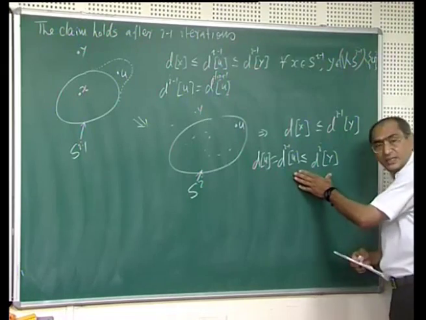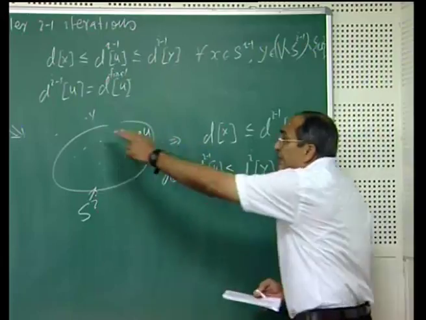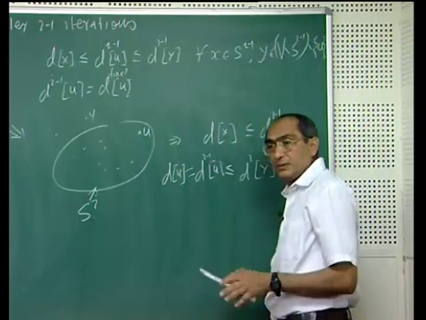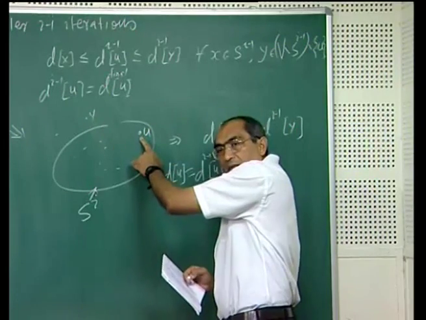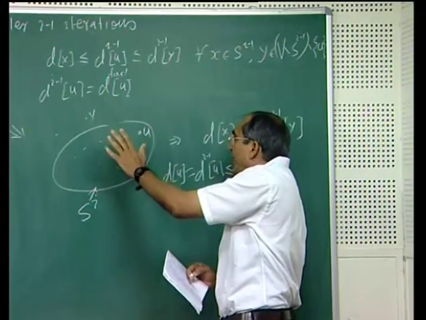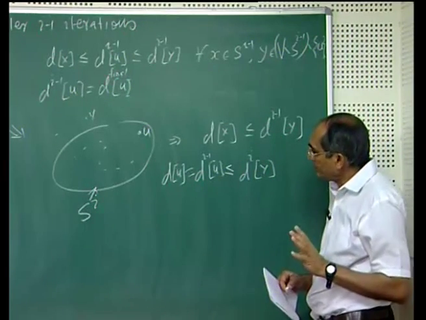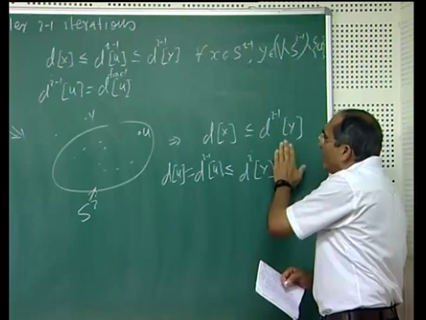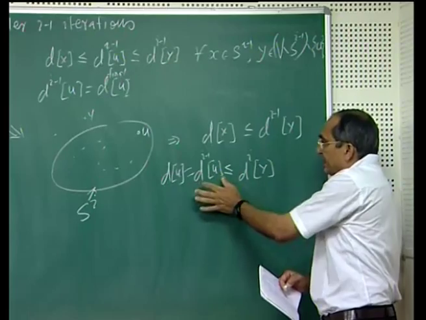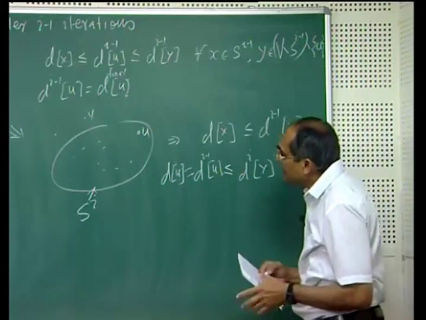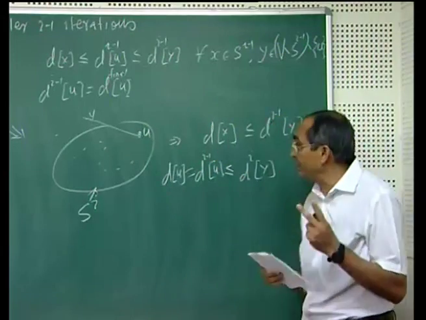Once again, let me just quickly run through this point: all y that are outside S_i can be split into two sets, those which are not neighbors of u. Their d value d_{i-1} is same as their d_i, and they were always greater than or equal to this value. So, no change there, this inequality holds. In case y is a neighbor of u, then there are two possibilities.